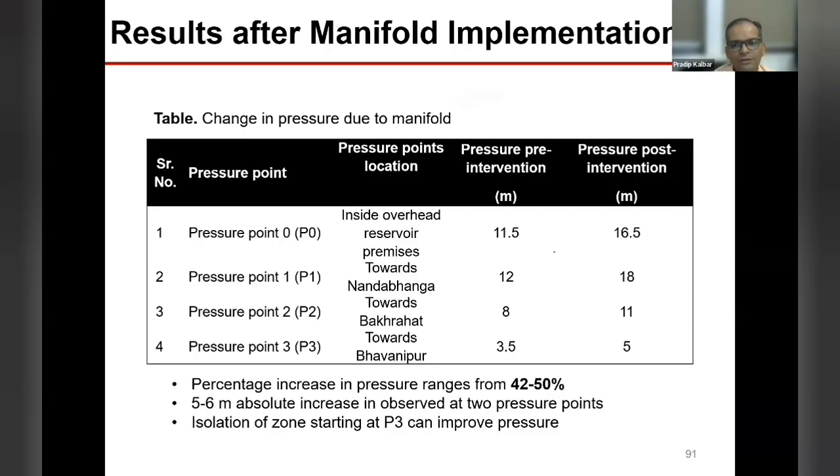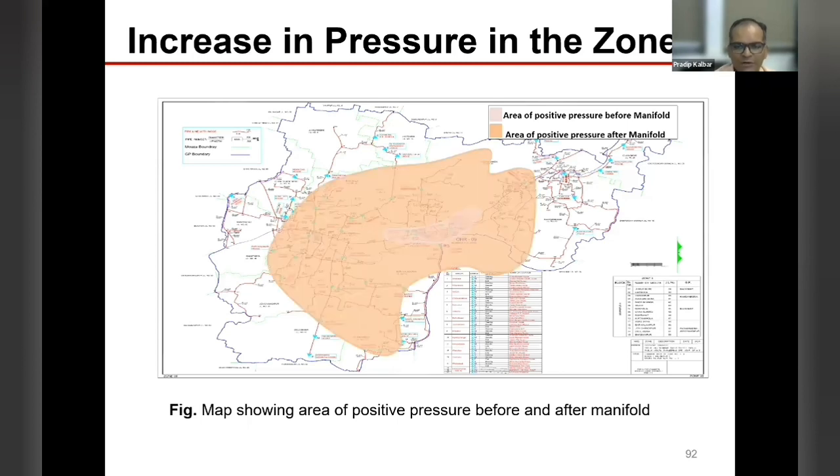What we observed is, with an investment of, let's say, 25 lakh rupees for the manifold, whereas earlier they were planning a very big investment for this area, with this small investment we could convert this low pressure to a high pressure system just by converting a single outlet to multiple outlets. And when we monitored after the implementation, this much area was getting water.